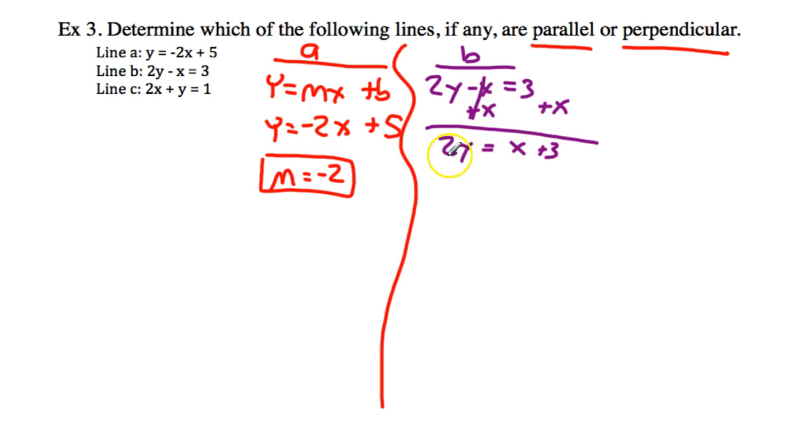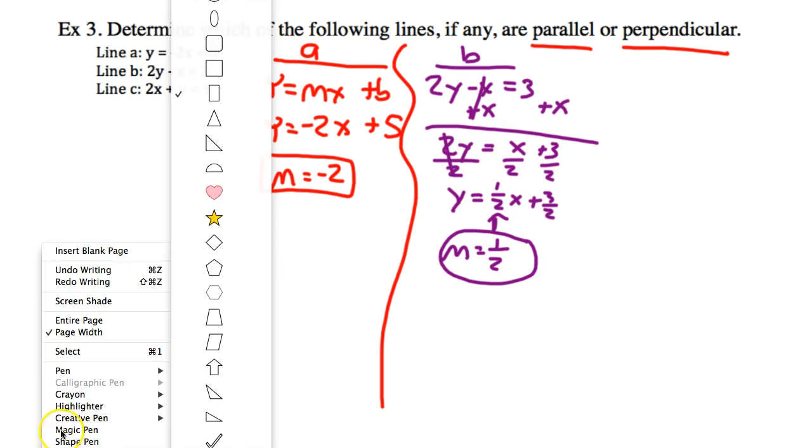Now to get the y by itself, I need to divide by 2. Divide that by 2, and I'll divide that by 2. That cancels. Y equals x divided by 2. This is really 1x. So I can say 1/2 x plus 3 over 2. So this is the slope-intercept form. Now this right there is my slope. So m equals 1/2.